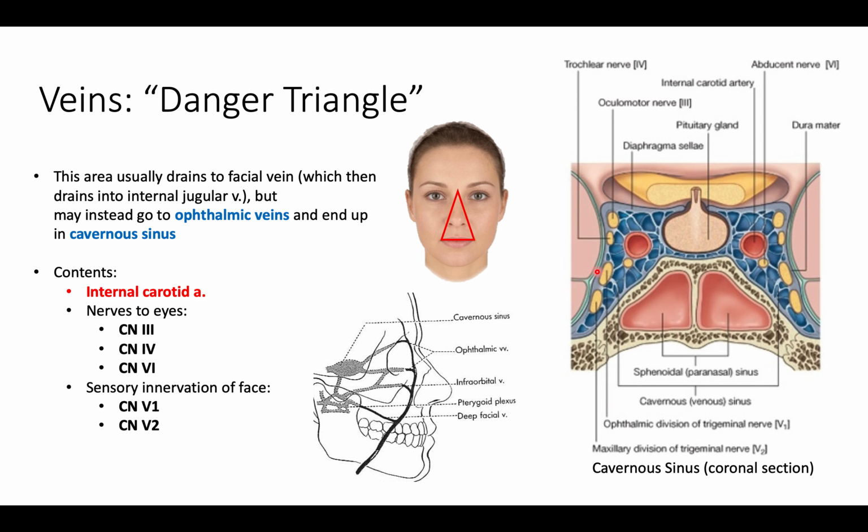Right here is V1 and V2. And here's abducens, cranial nerve 6. Cranial nerve 3, 4, and 6 all go to the eyes. And so we may have blurry vision or an eye problem as well. And so if there's a major issue, this could cause blindness.